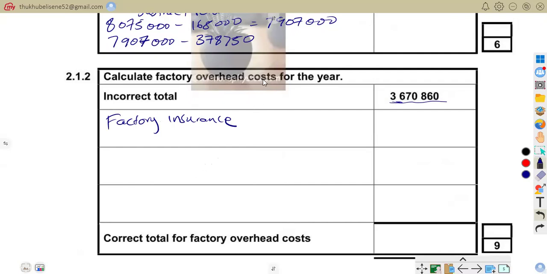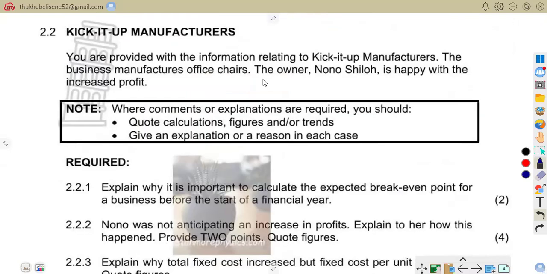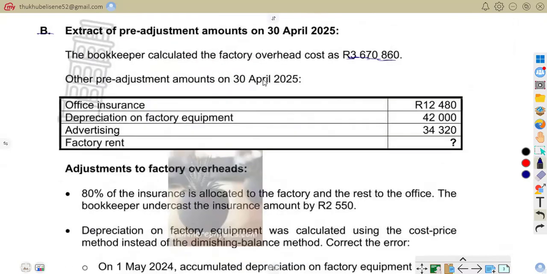Now let us go to the information that talks about factory insurance. We are going to calculate it. If we go to the information that talks about insurance, we have office insurance of 12,480.